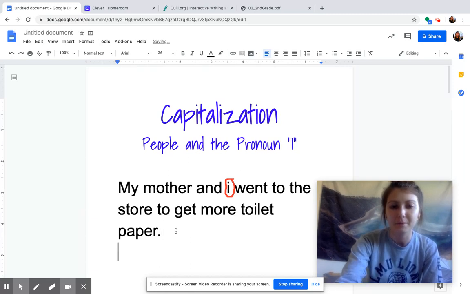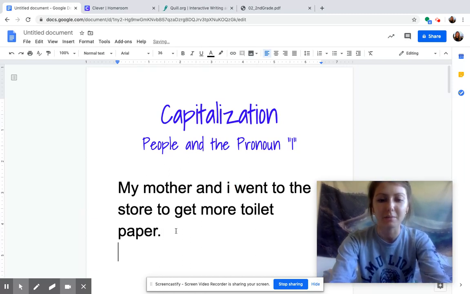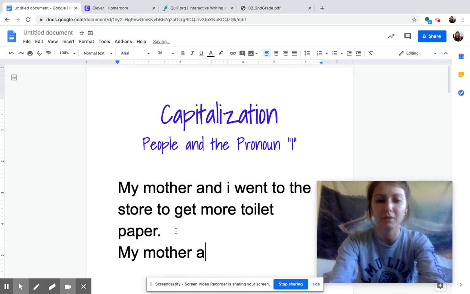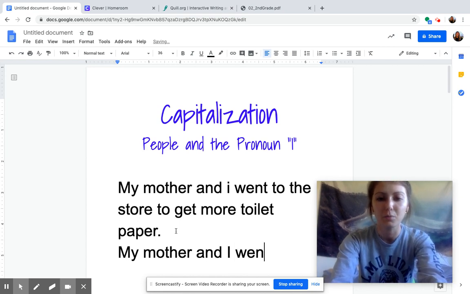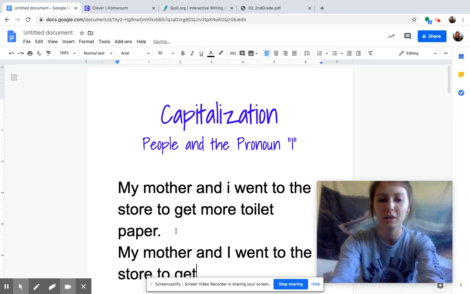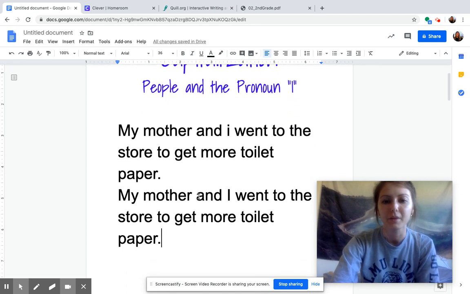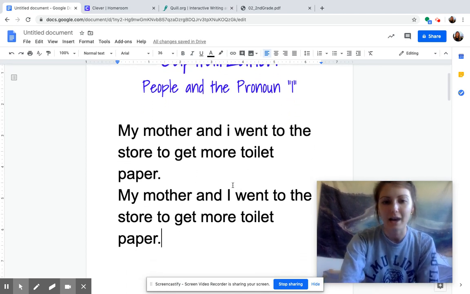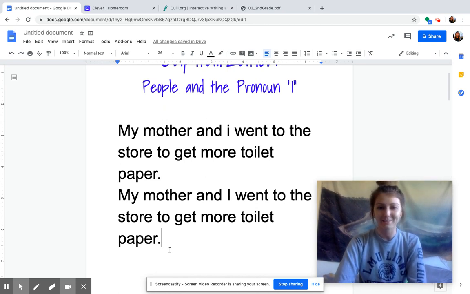I'm going to type down here, fixing my mistake. My mother and I went to the store to get more toilet paper. There. Now, the lowercase I was made capital, and my capitalization here is correct.